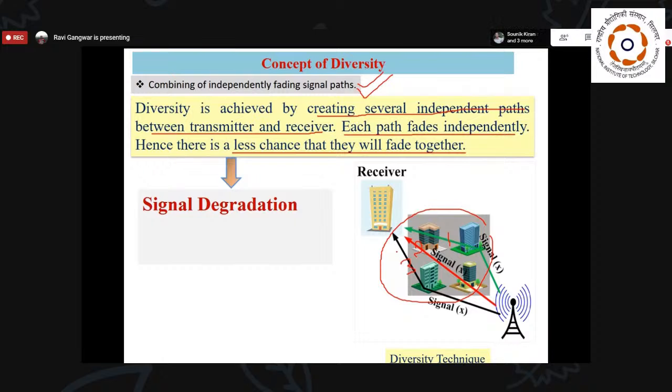So with the help of the diversity concept, we use multipath propagation as a new era for modern communication systems.